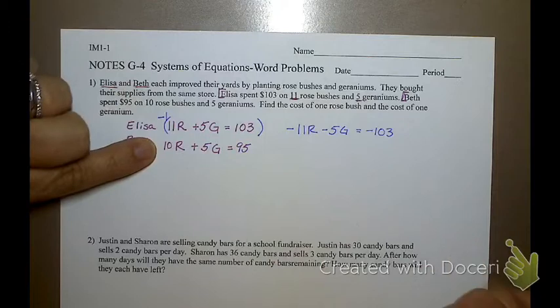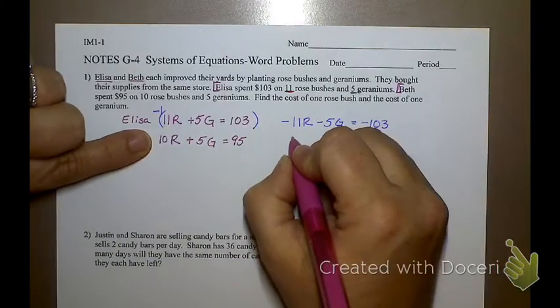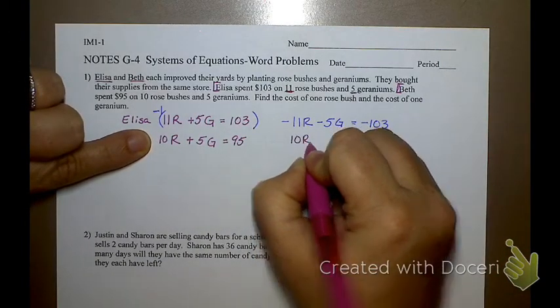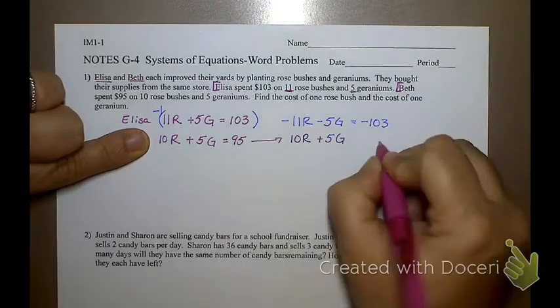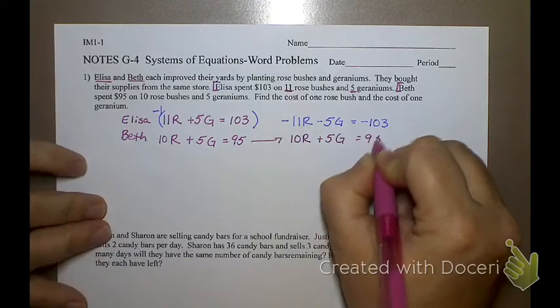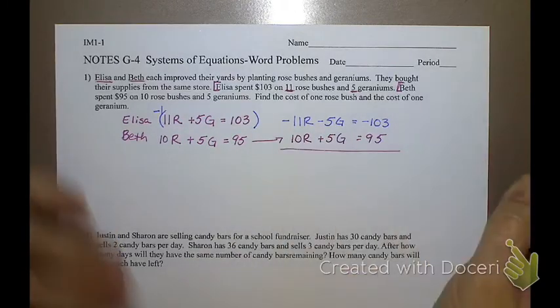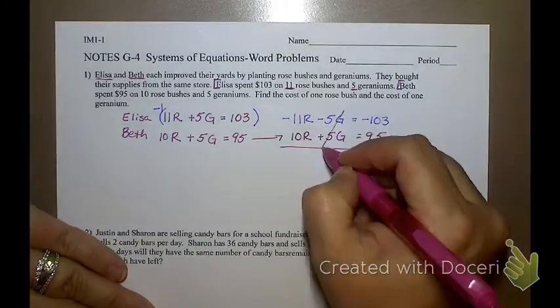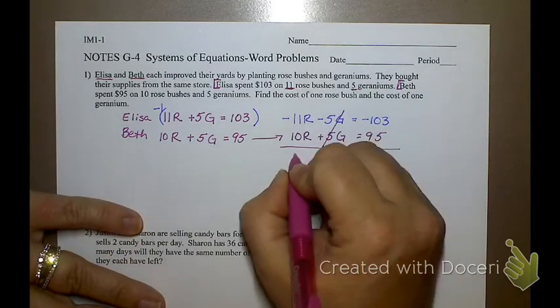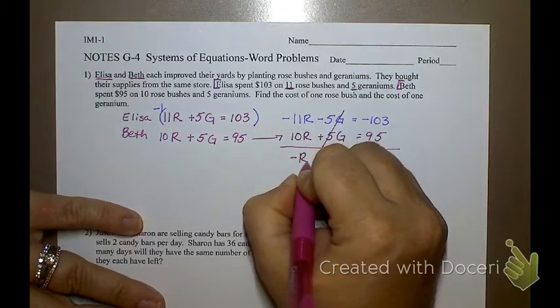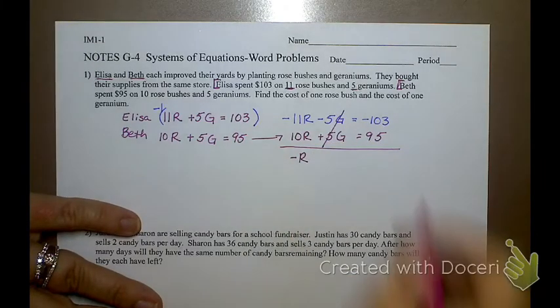Am I going to do anything to the other equation? Nope. So 10R plus 5G, this one's just coming straight over, equals 95. So now what eliminates? The 5G's. -11R plus 10R is just -1R, right?